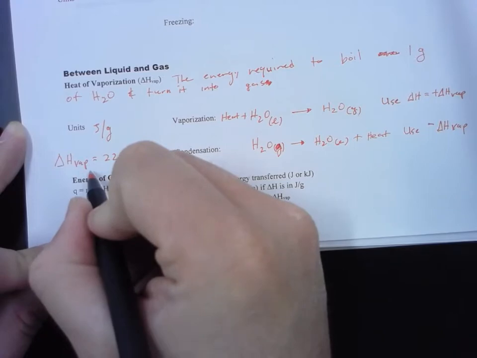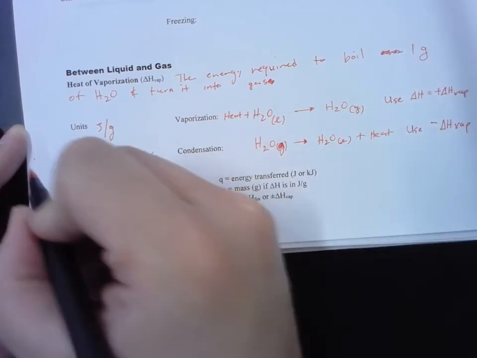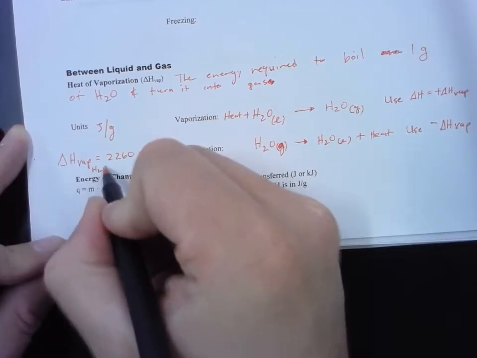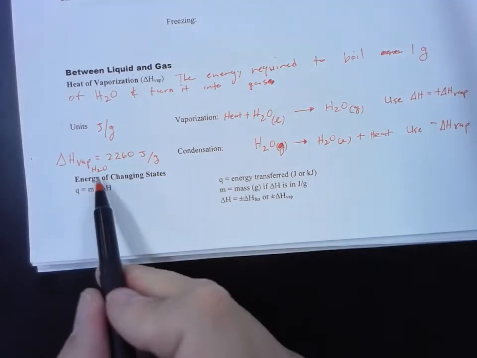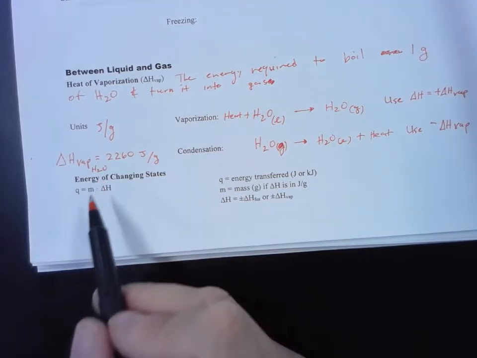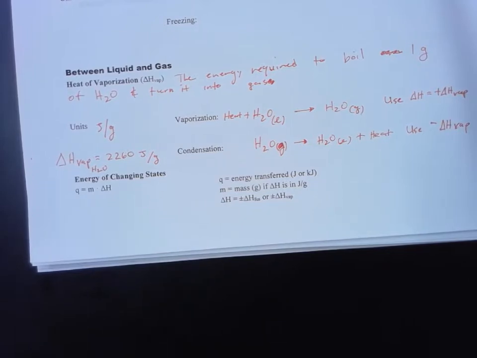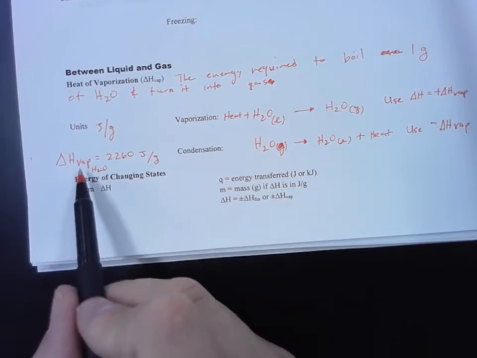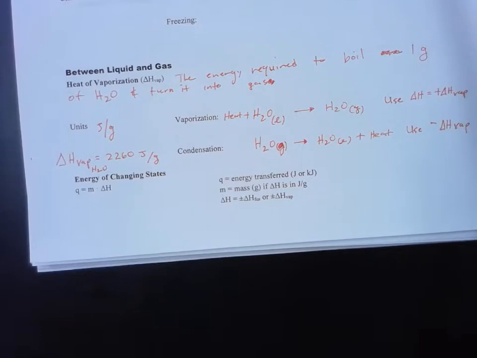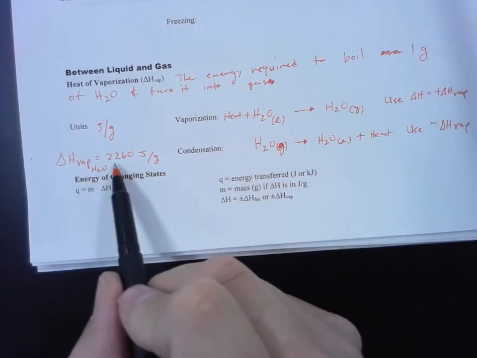That's for water, delta H vaporization of H2O. Every now and again you'll see methanol, or ethanol, or some kind of alcohol, and they have different delta H's of vaporization, but for water, it's 2260.